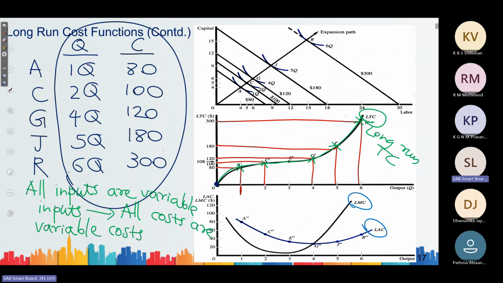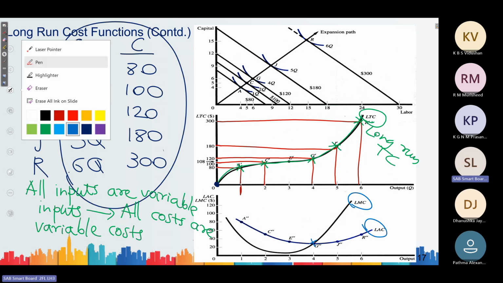But importantly, we can see that the two curves are intersecting. It happens when the long run average cost is minimum.